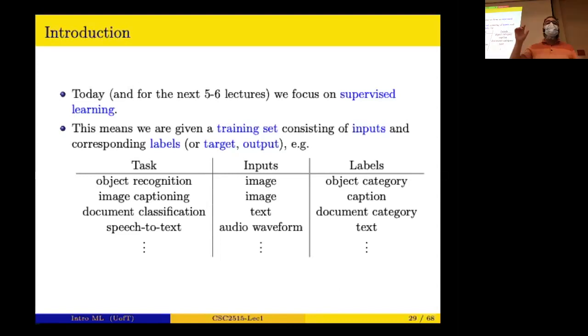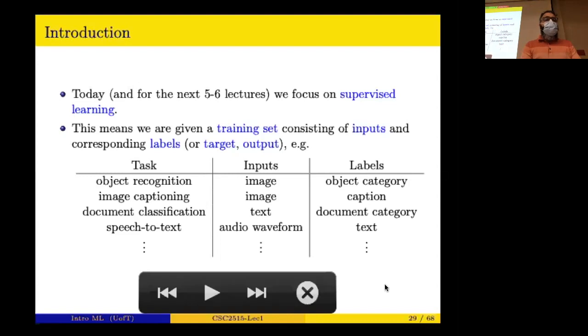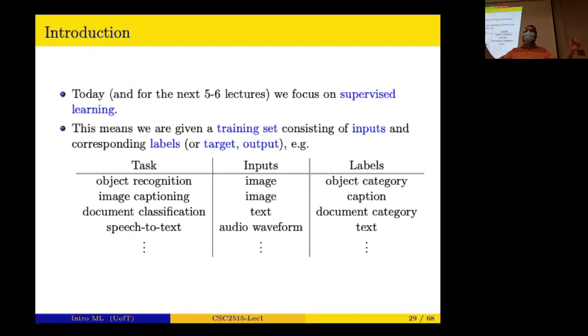That would be the category of that text that someone has already labeled. And if you want a supervised learning system to convert speech to text, the input would be an audio waveform, a signal that encodes the amplitude of the audio, and the label would be the corresponding text of that audio.